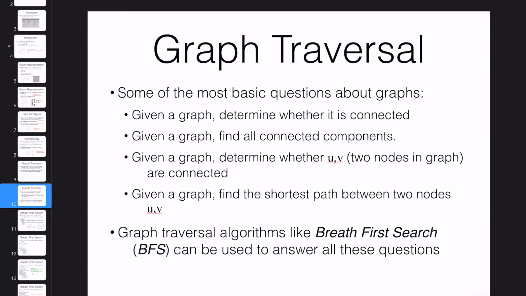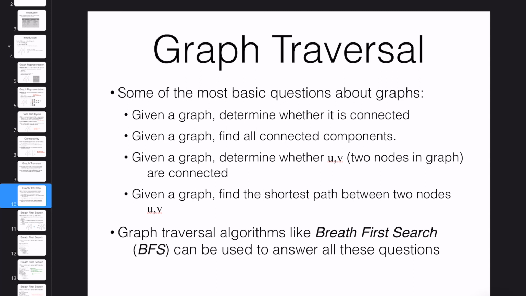For example, assume you have a graph and you want to see if it is connected or not. You can run a breadth first algorithm over that to check if all the nodes are accessible from each other. Or if you want to find all the connected components when the graph is not fully connected, again, using breadth first search, you can solve this problem.